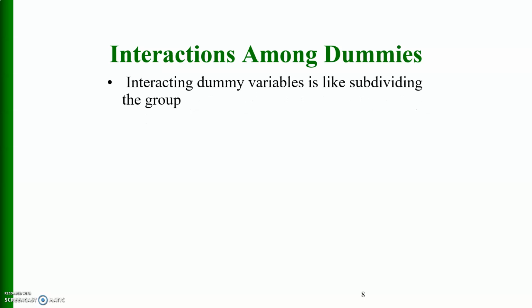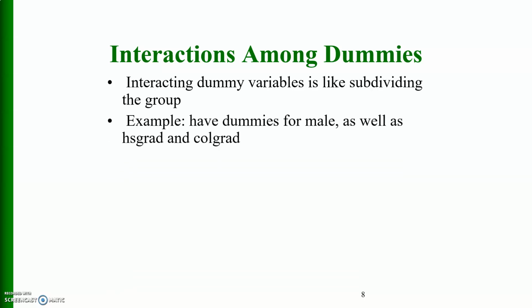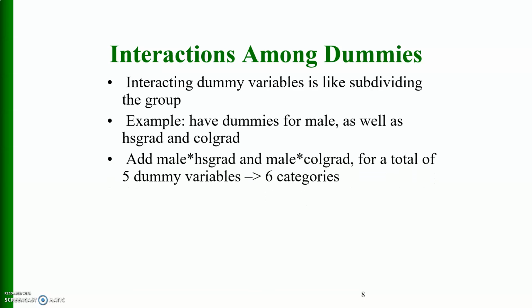A dummy variable can also be used in interaction. Interacting dummy variables is like subdividing the group. For example, if you have dummies for male as well as high school graduate and college graduate, then add male times high school graduate and male times college graduate for a total of 5 dummy variables.